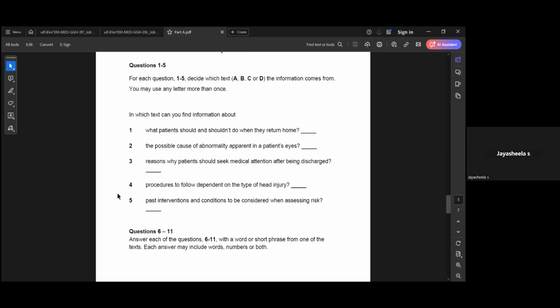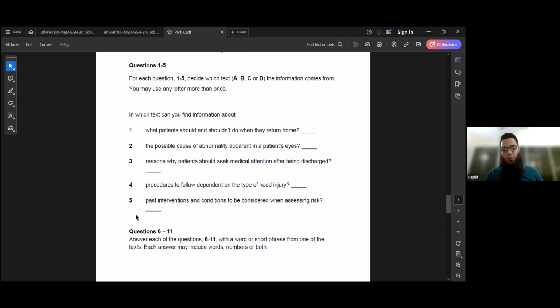Okay, the last question is the past interventions and conditions to be considered when assessing risk. Do you want me to scroll up again? Yes, sir.